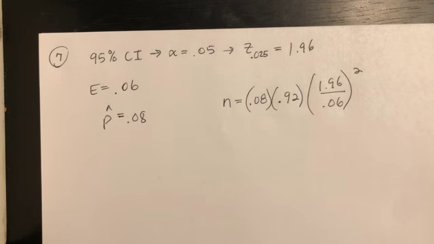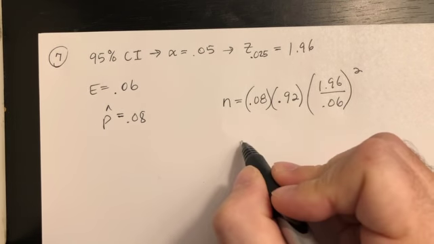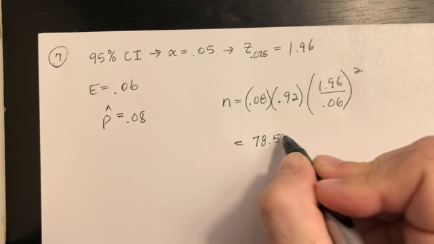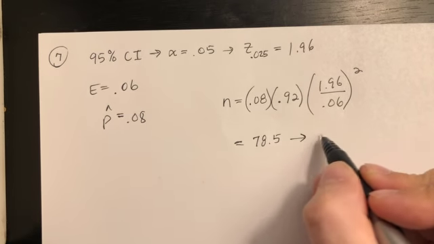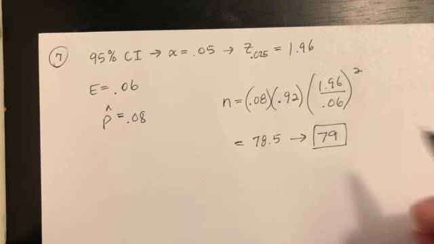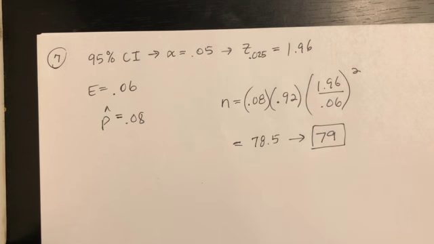And then we're going to multiply that times 0.08 times 0.92. And we get 78.5, which rounds to 79. Rounds up. Always round up. So we just need 79 people in this study in order to be 95% confident that the error won't be more than 6%.